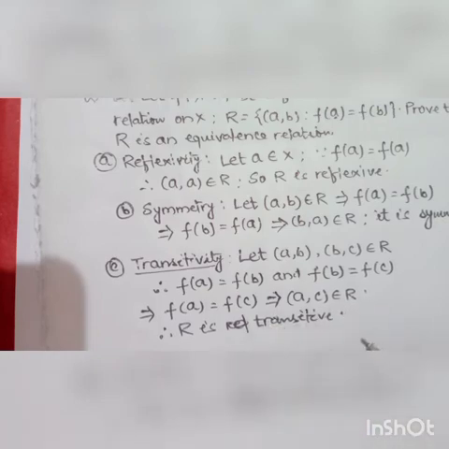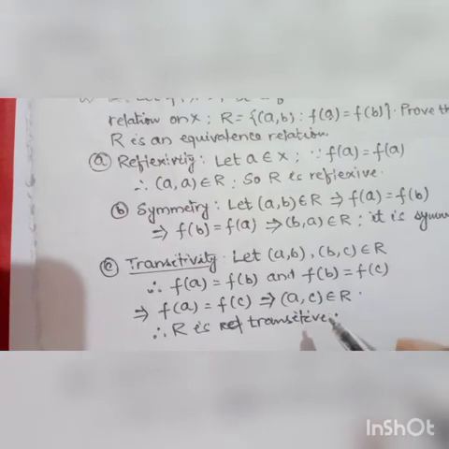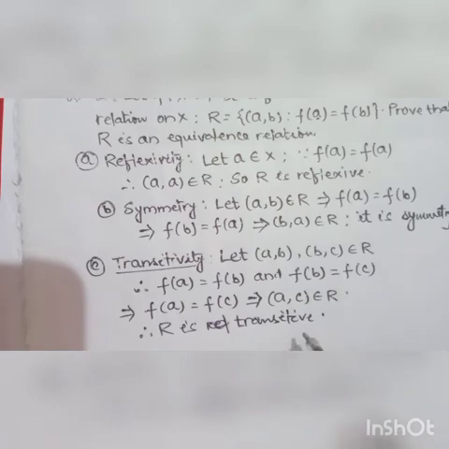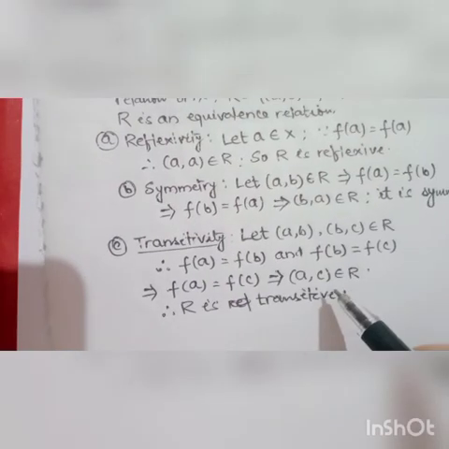Thus we have seen that R is reflexive, R is symmetric, and R is transitive. It means R is an equivalence relation.